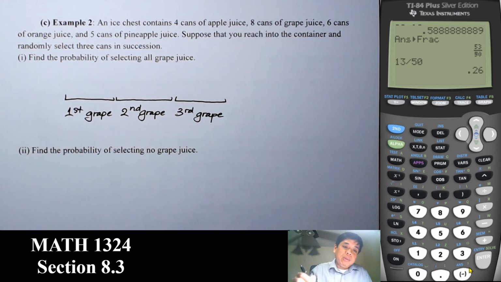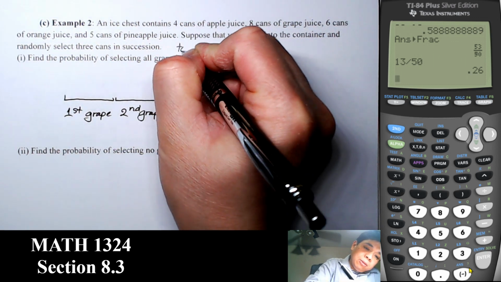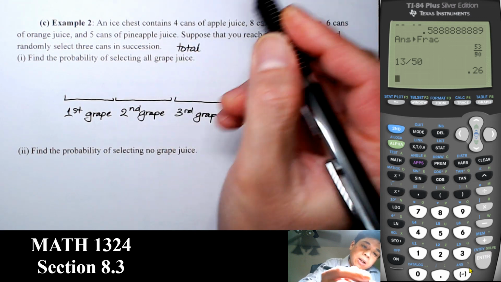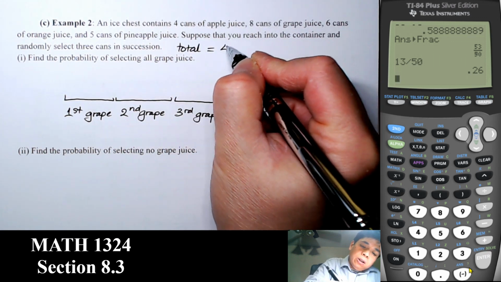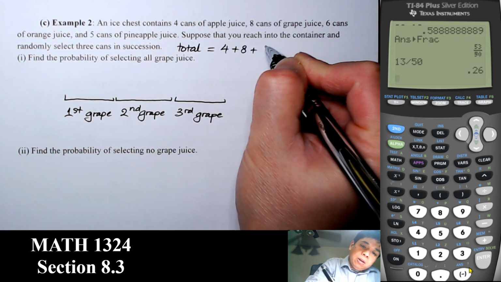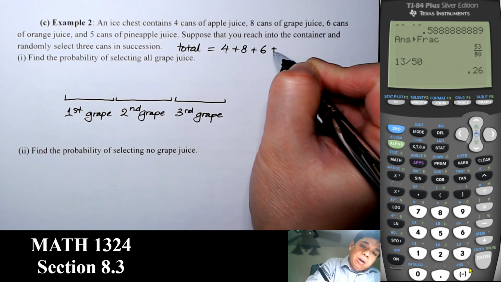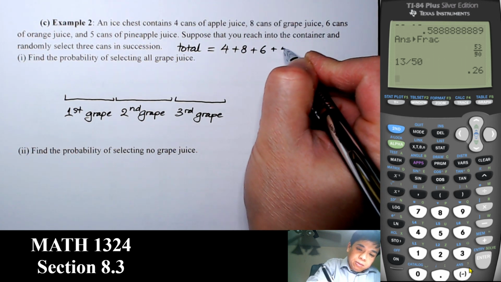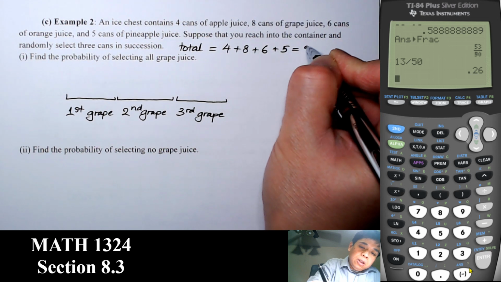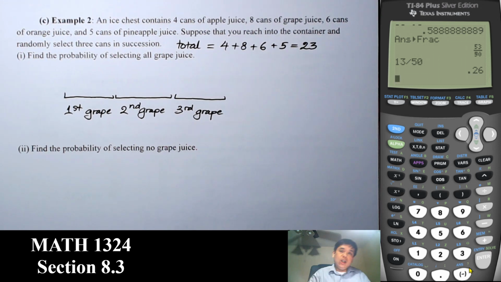Now let's just count how many we have total. 4 plus 8 plus 6 plus 5. That's 23 total cans. Now there are 8 grape juice.